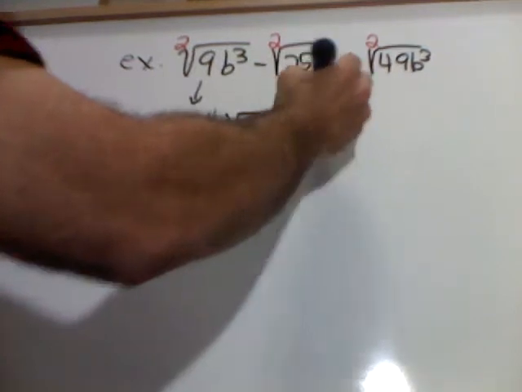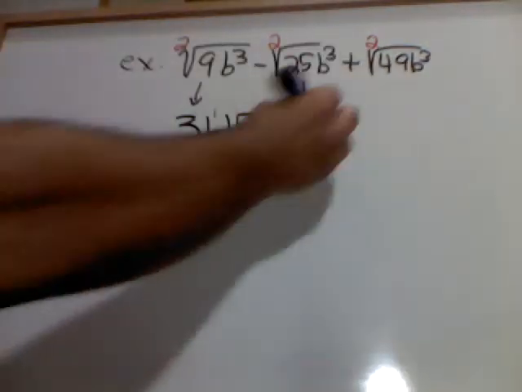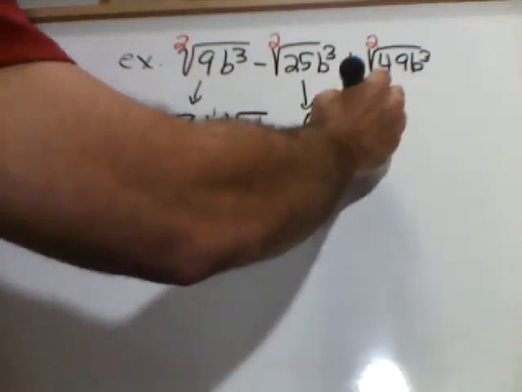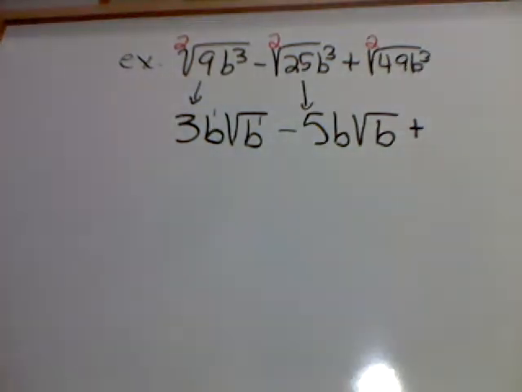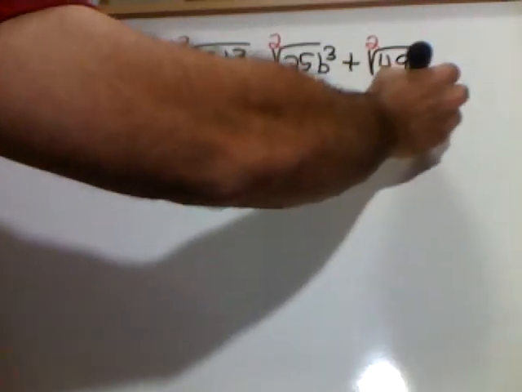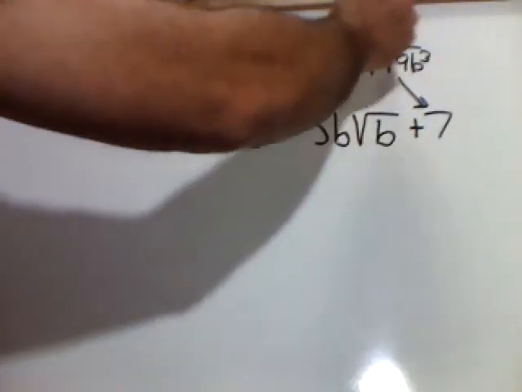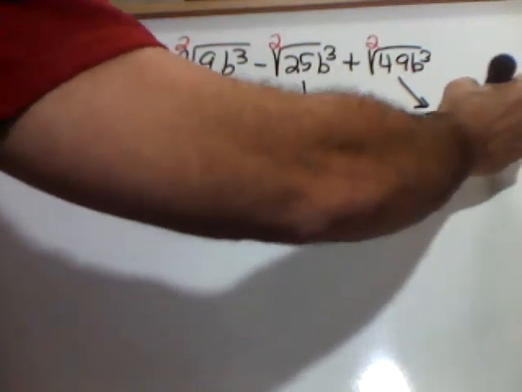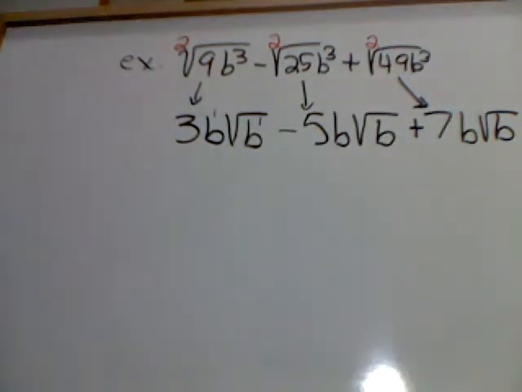Minus square root of 25 is 5. I have a b cubed again, so that's going to come out as b square root of b. Plus at the end, square root of 49 is 7. And then once again, 2 goes into 3 one time with a remainder of 1 under the radical.